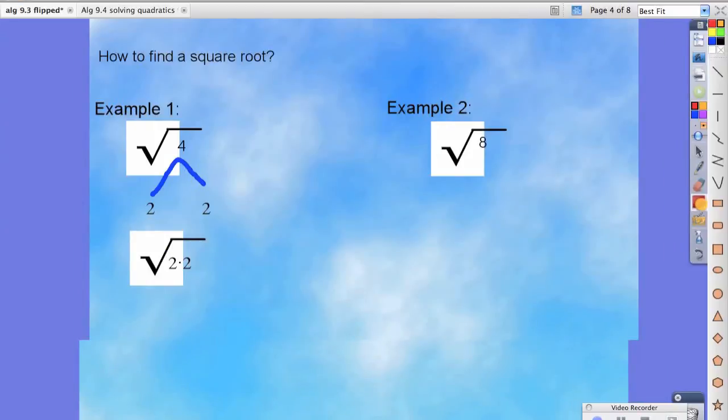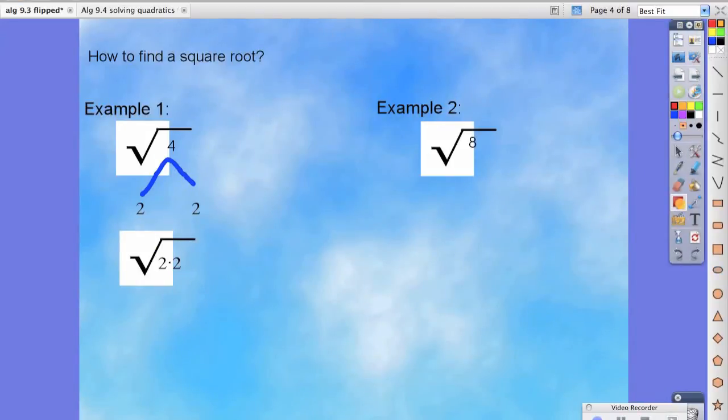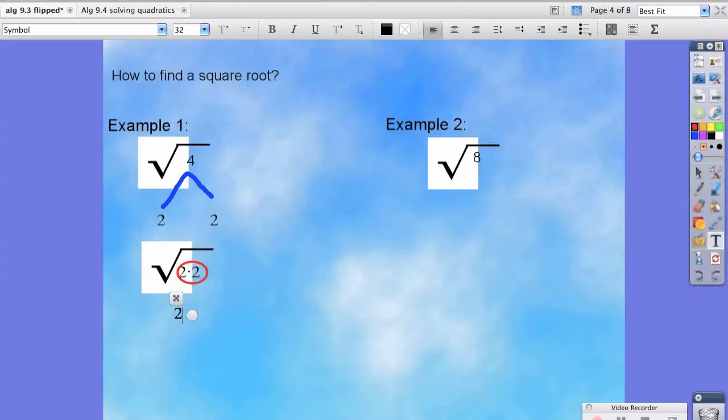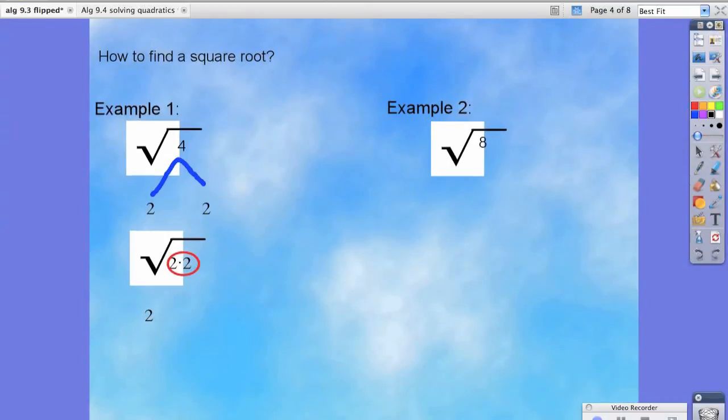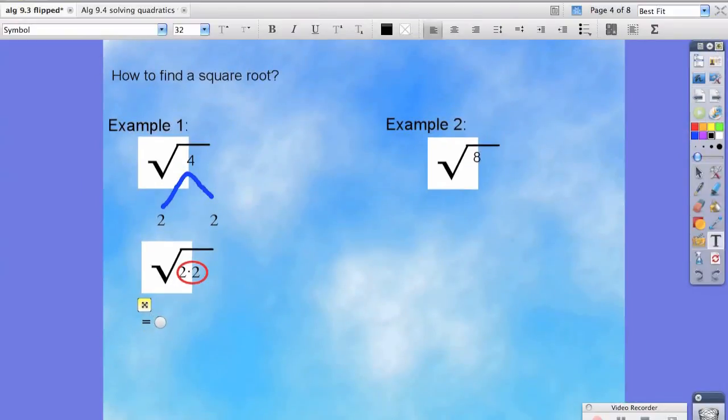In this instance, we have a pair of 2's. Anytime we have a pair of items in a square root, we can take them out. However, we'll only write down one of them. And then we'll look back at our square root and see if there's anything left. If there is, we leave it under the square root. If not, we leave it alone. Therefore, our answer is just 2.